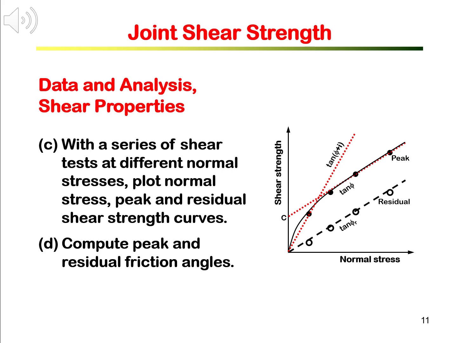From the curves and the parameters, we can develop the shear strength equations, the linear one, the bilinear equation, or the empirical JRC, JCS model, as covered in session 3.5 on joint shear behavior and the criteria.